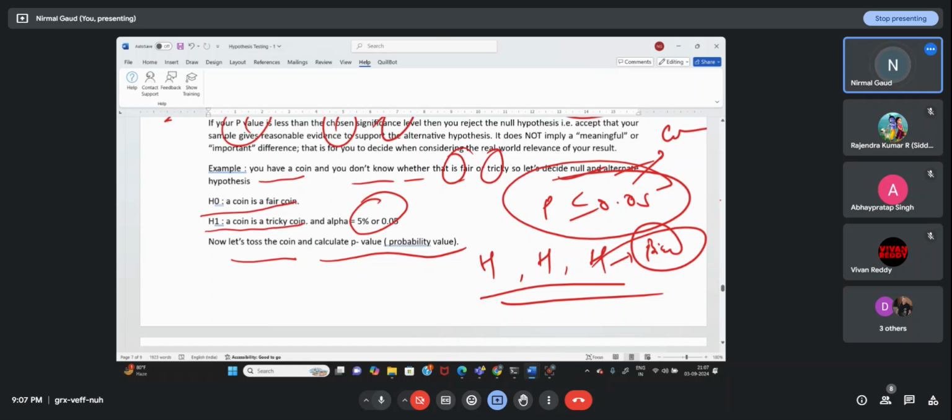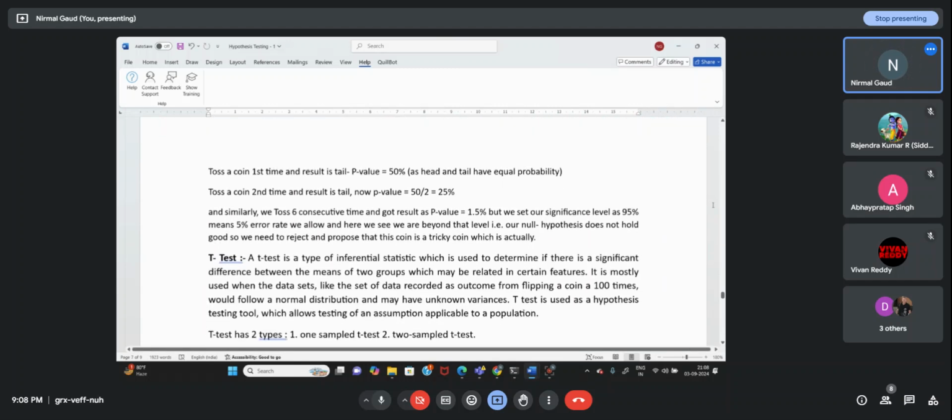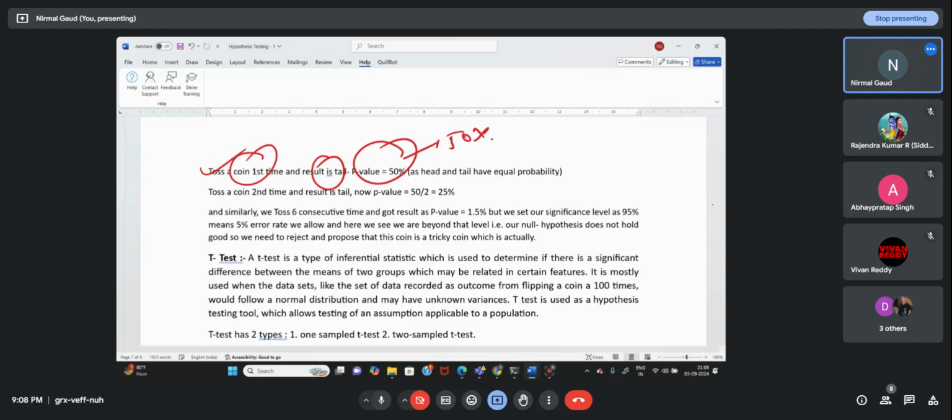However, we always say that the result should not be biased. It should be like 50-50%. Okay, fine. So that should be something which we have to consider. All right, fine. So we toss the coin for the first time. For example, the result is tail. So probability value is 50%.